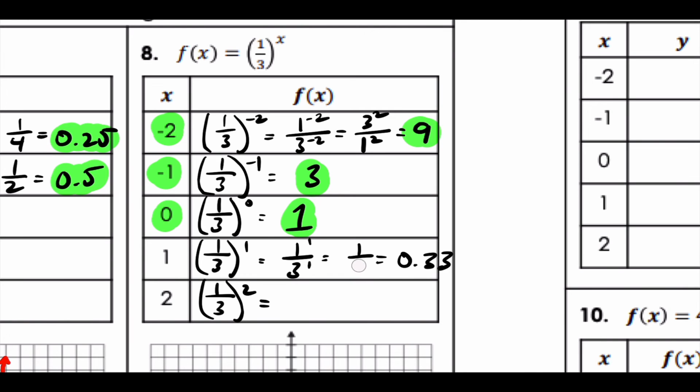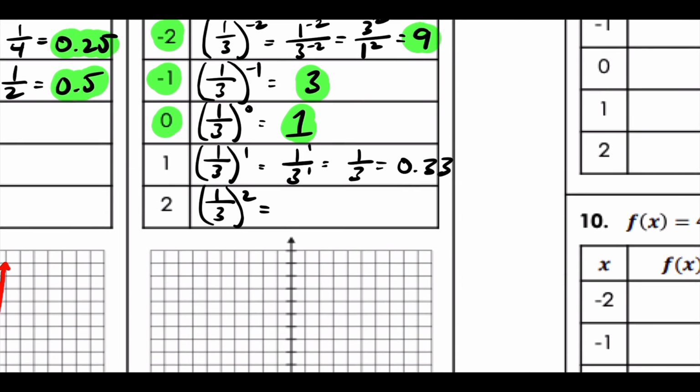Usually I change it to a decimal when I have to graph it, because it's easier to graph decimals than fractions for me anyways. The last one, distribute the 2. So I get 1 over 9, which when you put it in your calculator, you get 0.1111 forever, so 0.11.